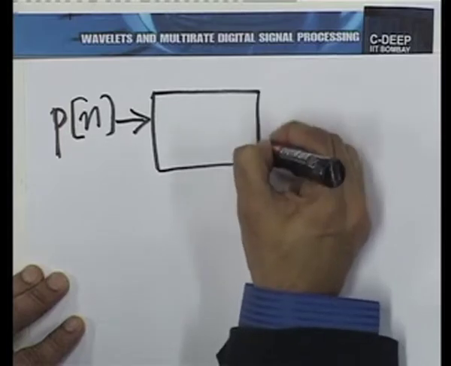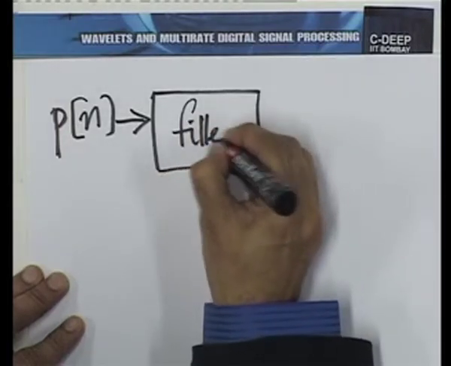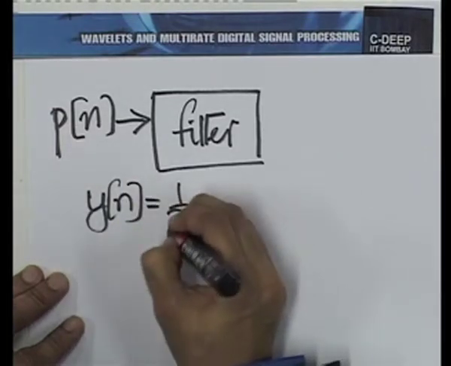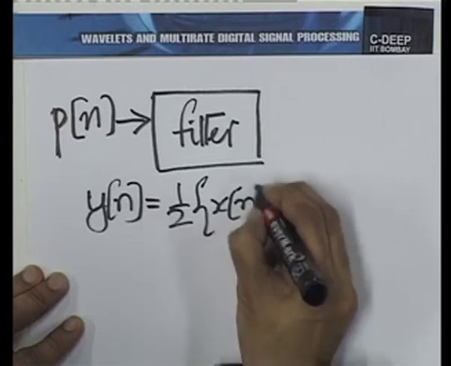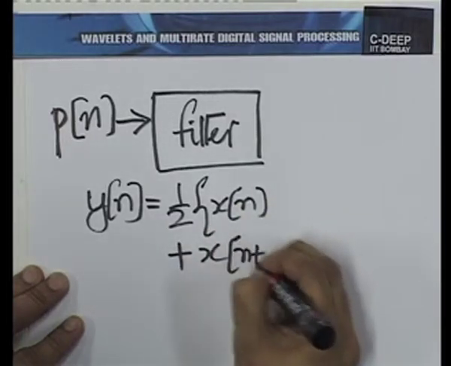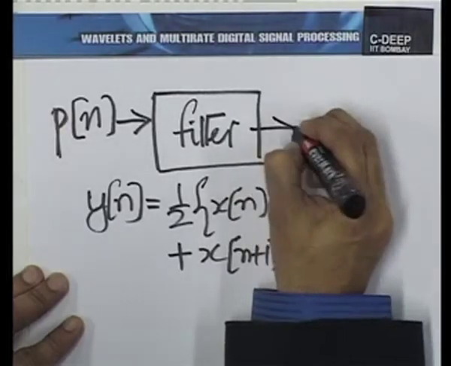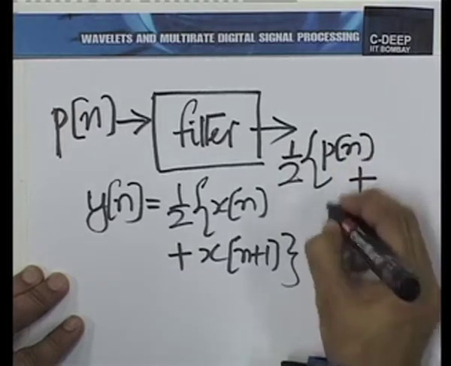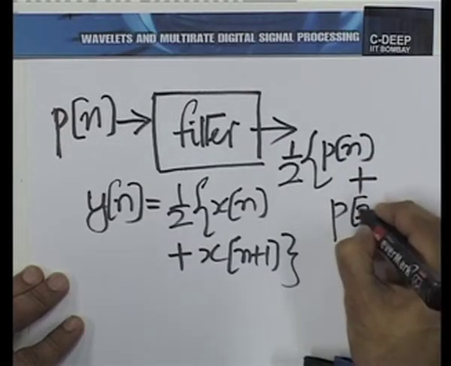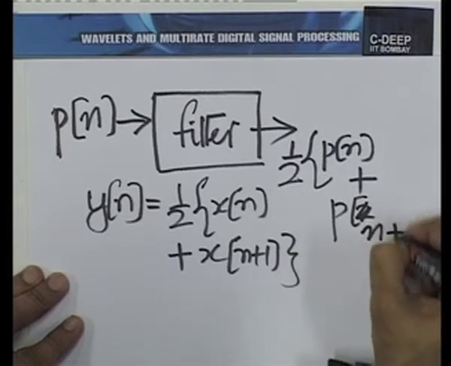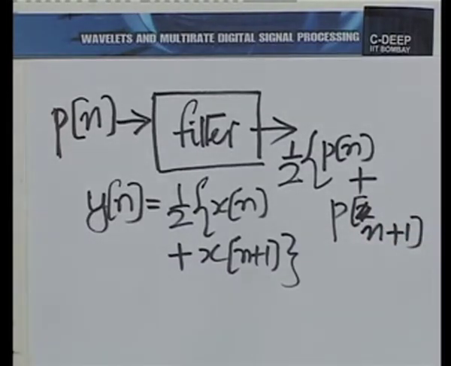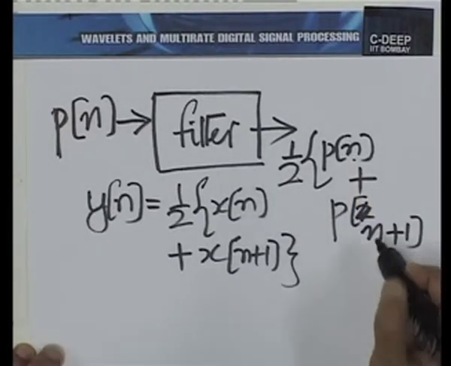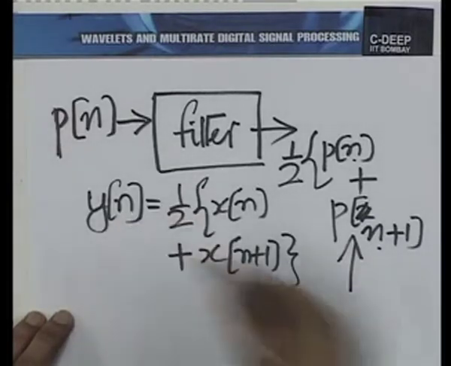If you put into this filter, y of n is half x n plus x of n plus 1, what we would get here is half of p n plus p n plus 1. I am sorry, n plus 1, that is correct. But we do not want p n and p n plus 1, we want to replace here.